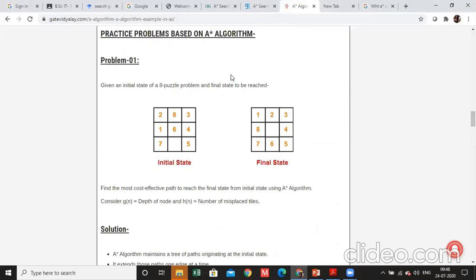Now find the most cost effective path to reach our final state using the A star algorithm. So here consider the function: depth of the node is g of n, and h of n is equal to the number of misplaced tiles.